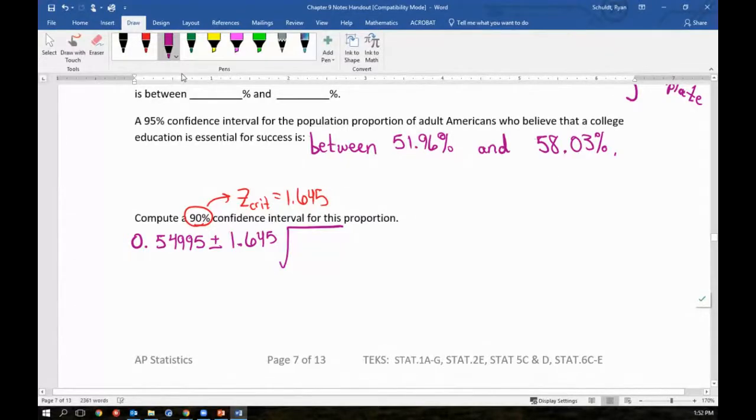Okay, so we have 0.54995, that's 1 minus 0.54995, all over 1031.